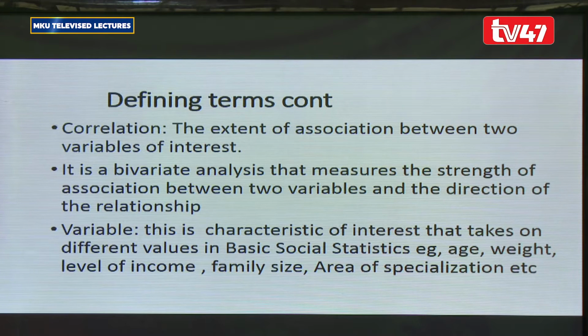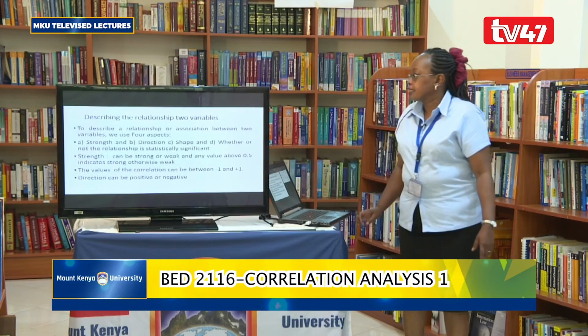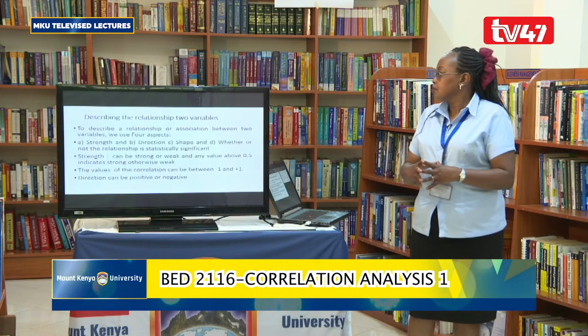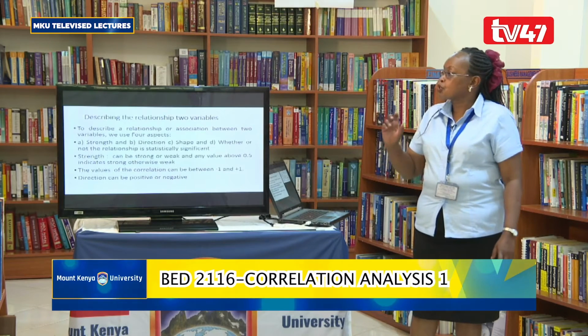And a variable, which is also another key word that I want us to be able to define, is a characteristic of interest. Anything that we are interested in that changes or takes on many different numbers. For example, age, weight, level of income, area of specialization, and poverty level.